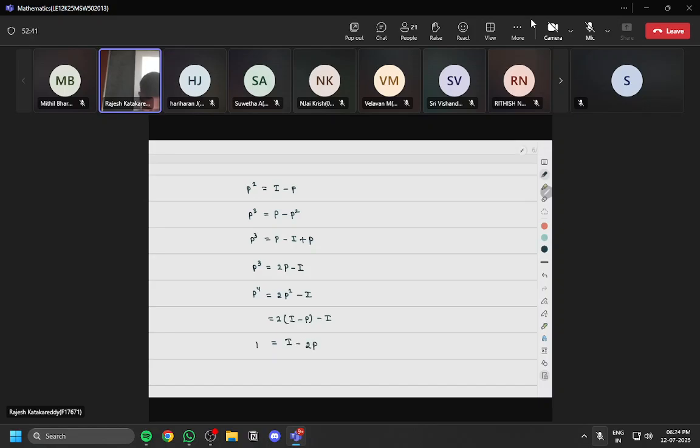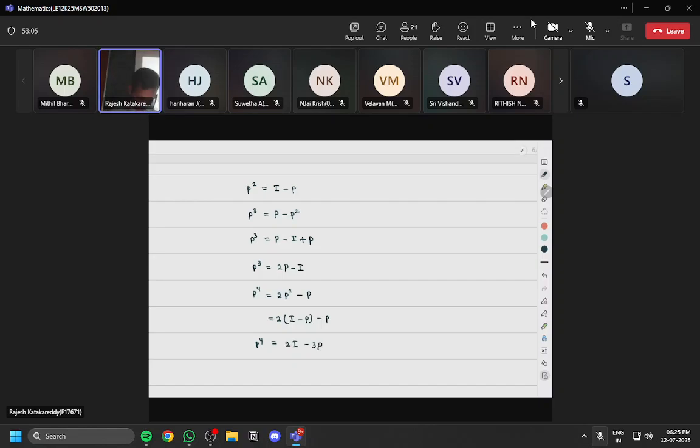P power 4 we have. Student: Sir, in the two steps above, it will be 2P square minus P, sir, not identity. Oh, P power 4 equals 2P square minus P. Okay, 2P square minus P, then it must be P here. Then I think it is 2 times identity minus 3P. Thank you for correcting the mistake.